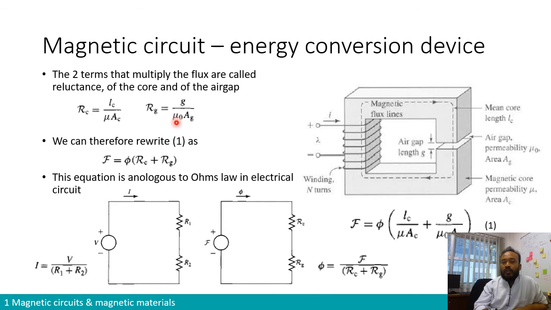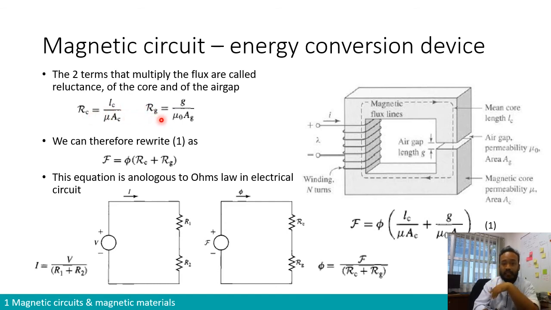If we remember from the first lecture on permeability, mu 0 is the permeability of space or air. It is much smaller compared to the mu of the core material, it can be 100 or thousands of times smaller. So that leads to a reluctance of the core which is much smaller because mu is much higher, and the reluctance of the air gap will be much higher.